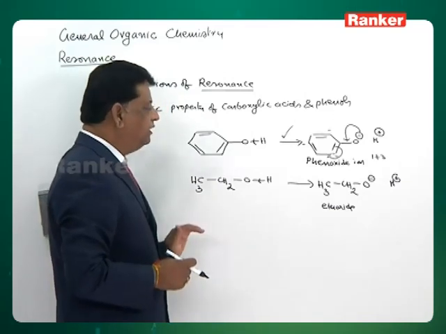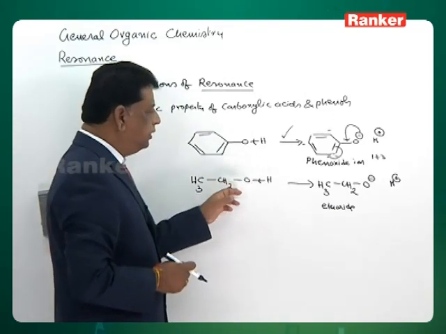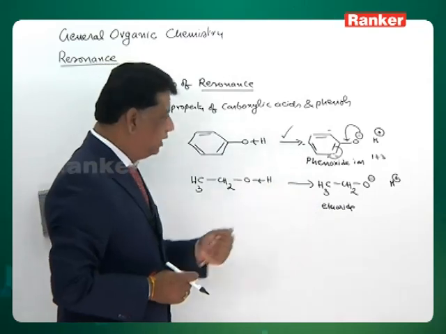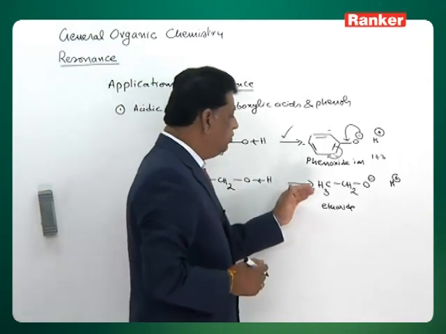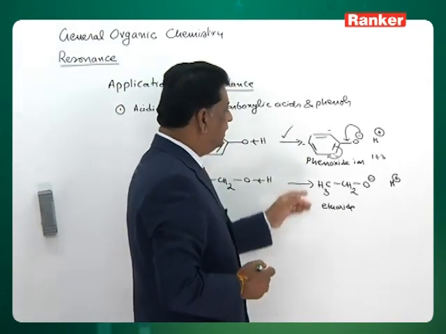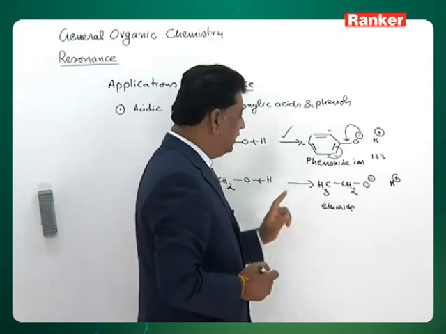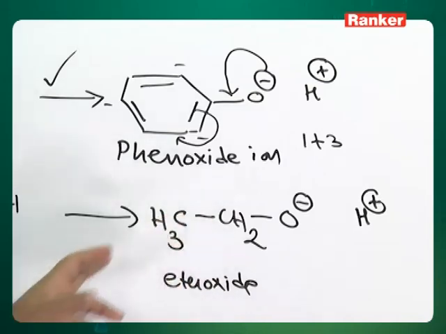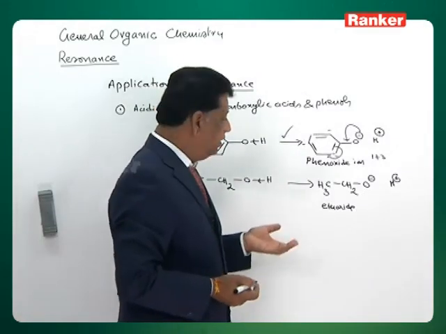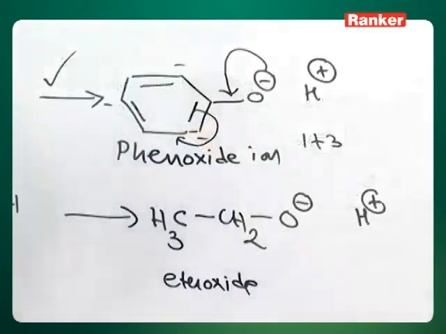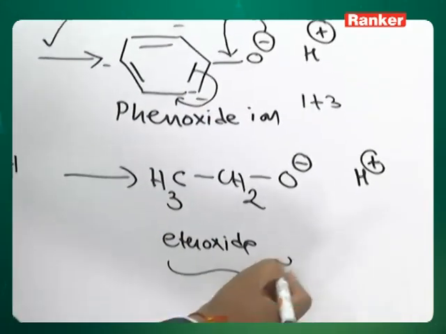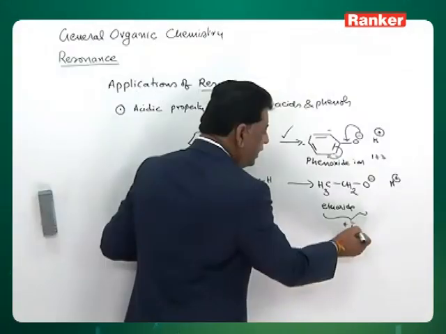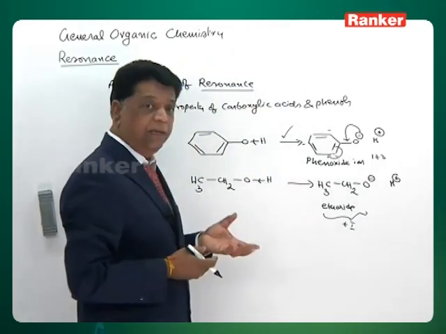But in ethanol, oxygen is also pulling, therefore it may be liable to give like this. But still, when you compare, phenoxide has a resonance stability. Ethoxide has no resonance because negative charge is there, but there is no double bond. Only a negative charge cannot show resonance without a double bond. And moreover, the alkyl group, as we have already examined, shows a plus I effect.